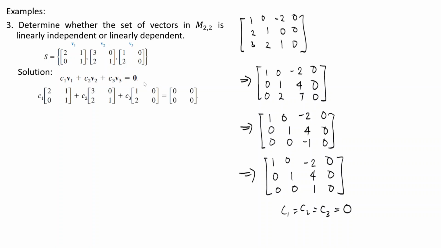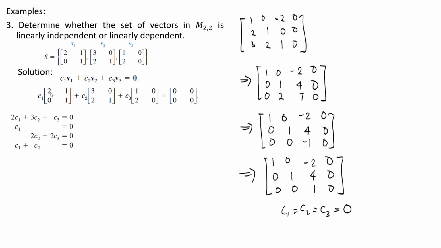Then we substitute the vectors v sub 1 to v sub 3, and multiply by these scalars, so this will be 2c sub 1, c sub 1, and then 0, c sub 1, and so on. Then we add the corresponding elements and equate to 0, so we yield this linear system.